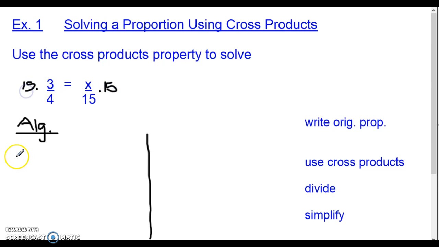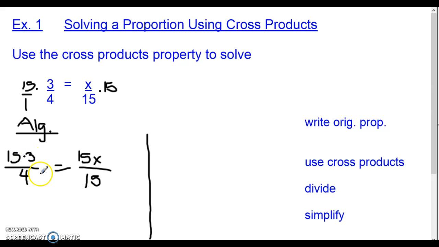So on the left-hand side, I would do 15 times 3 over 4. I'm multiplying the 15 and 3, and then there's a 1 here, so 1 times 4 equals 4. And on the right-hand side, I'm doing 15 times x over 15.